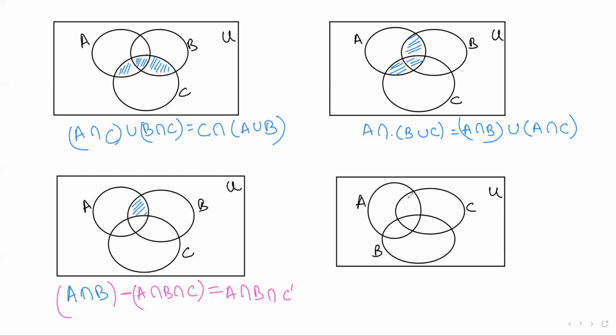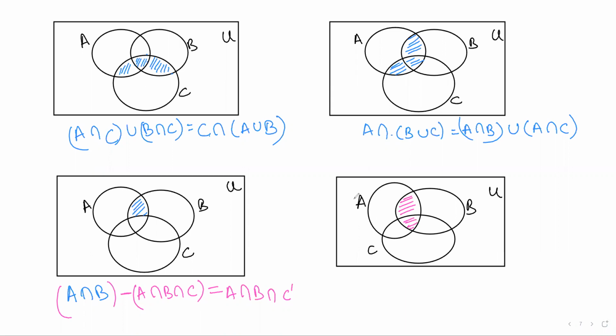Let's understand this in this figure. A intersection B would be, I've named it differently. Hold on. This is A intersection B. From this, you are removing this particular part, A intersection B intersection C, or this part common with C complement.